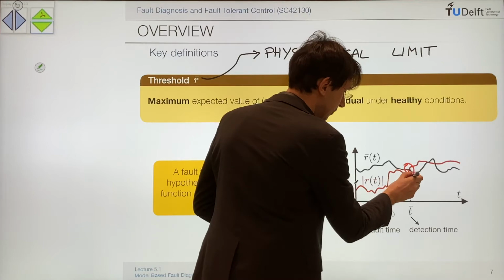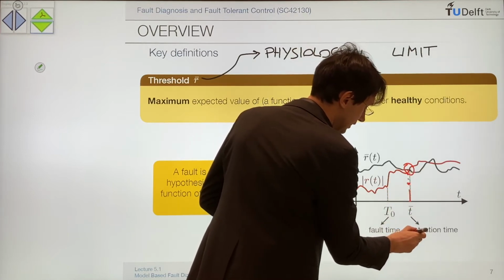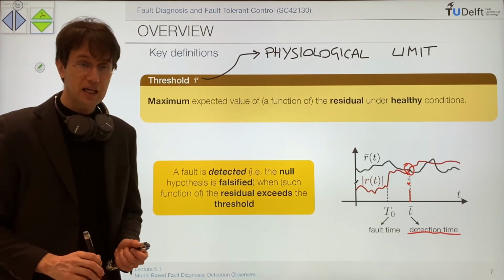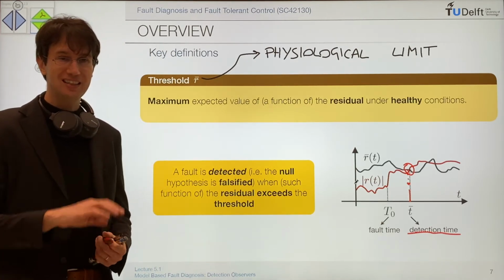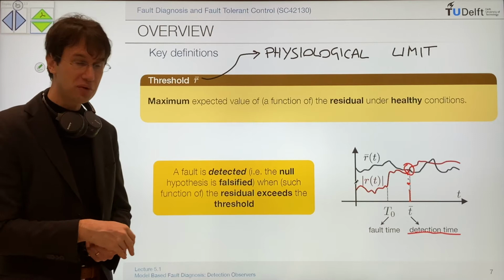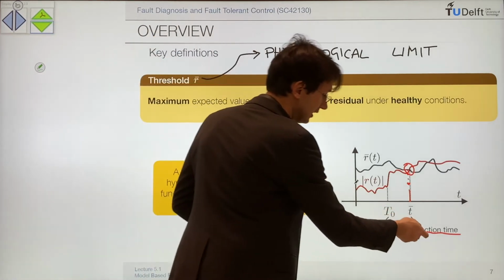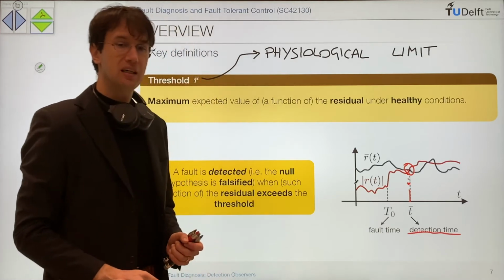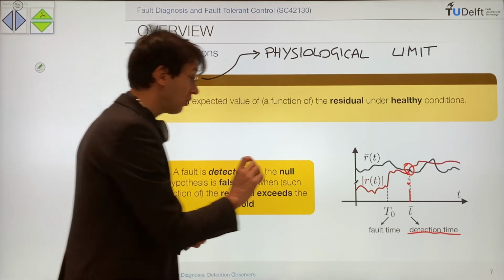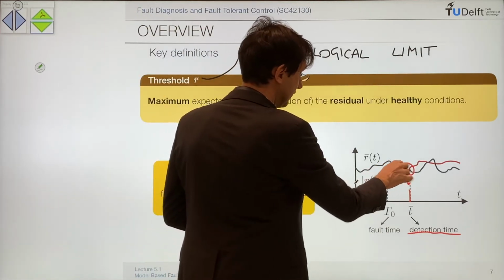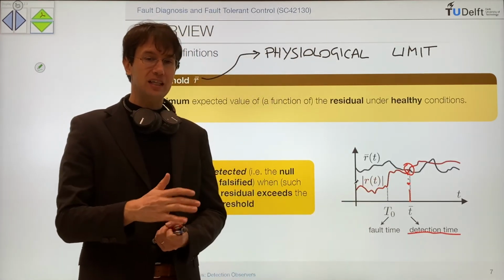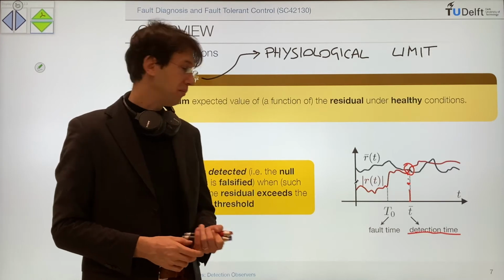The time at which this happens is called the detection time. You can imagine that a good model-based approach is one where the detection time is very close to the fault time, and also one where you always have a detection, or at least you have it for the cases that matter most.